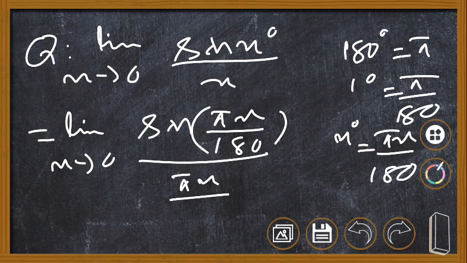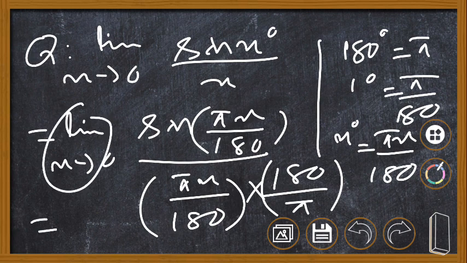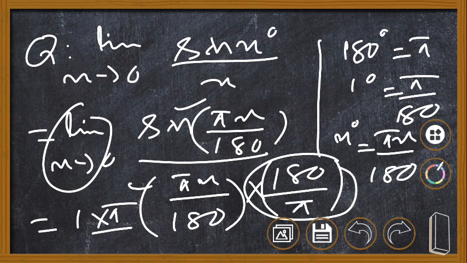So it will be pi x divided by 180, and to compensate, what I multiply is 180 divided by pi. Here everything is getting compensated, right? So look at this, the value of this, this and this, it will be 1, and what will be left, 1 by 180 by pi, so it will be nothing but pi by 180. So your final answer will be pi divided by 180.